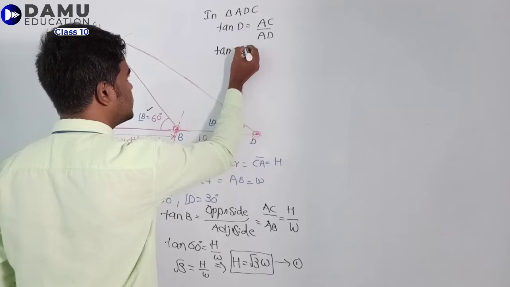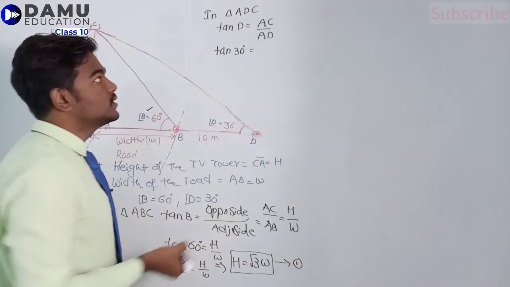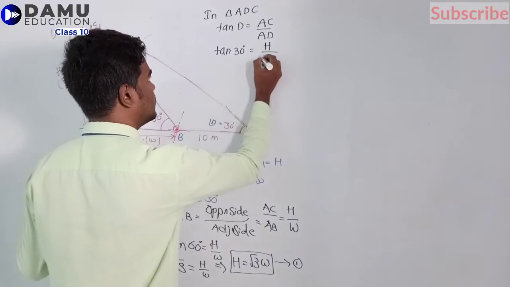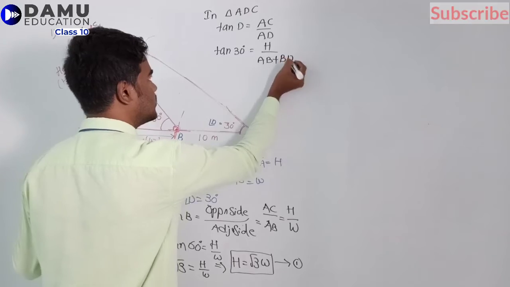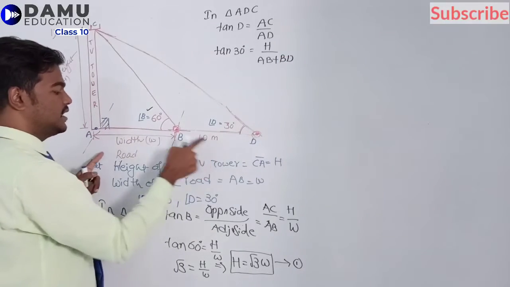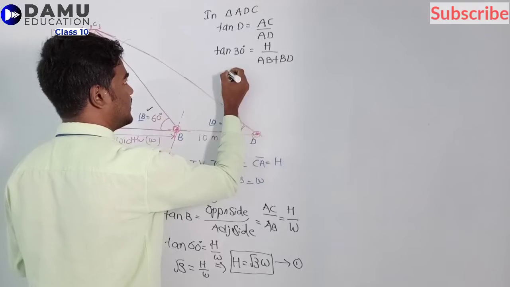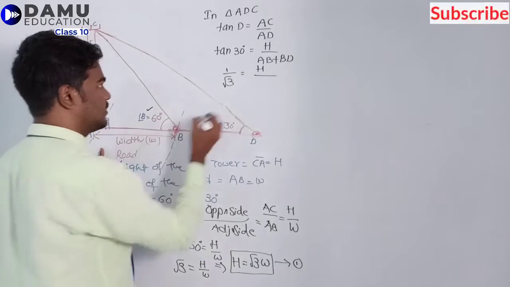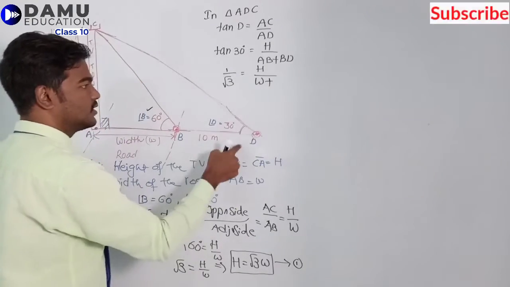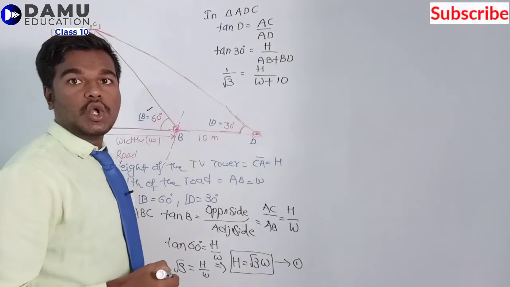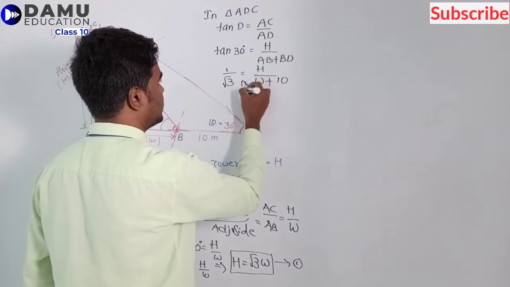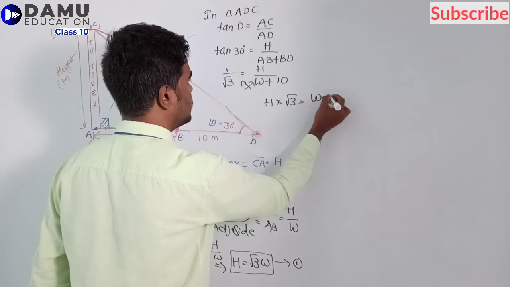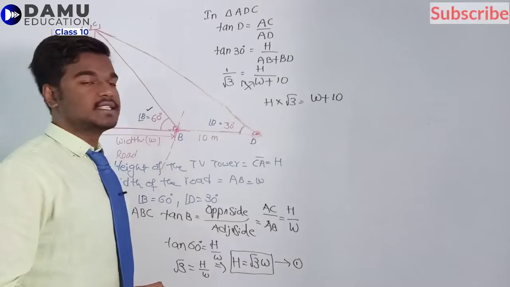Tan 30 degrees is 1 by root 3, so 1 by root 3 is equal to H by W plus 10, where BD is 10 meters. Cross multiplying, H into root 3 will be equal to W plus 10.